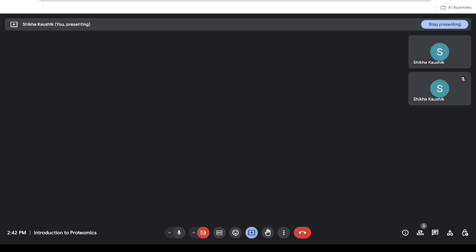Then, talking about the ionization step, as I have already mentioned, there is a hard ionization technique and a soft ionization technique. In hard ionization, you require high energy that results in a greater number of fragments. You have a large number of fragments and the number of molecular ions is low.